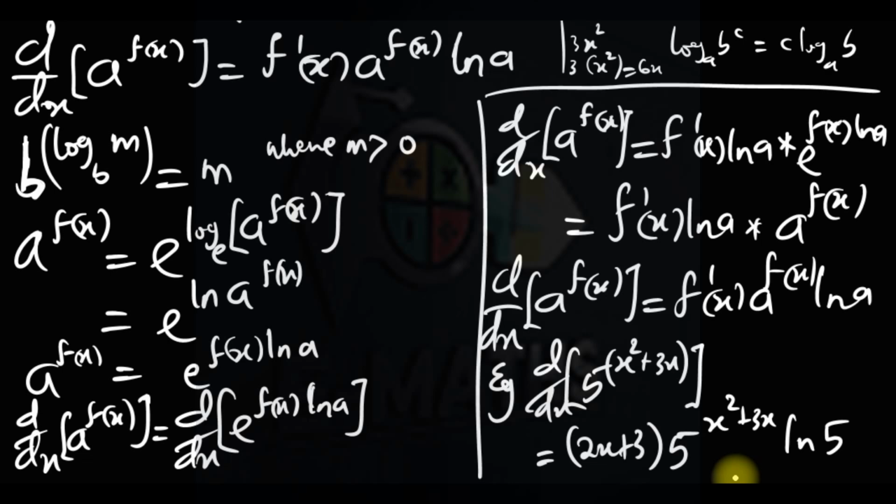See it: a is 5 here, f x is x squared plus 3x, whose derivative is 2x plus 3, times the original function, times ln 5. So that's it.